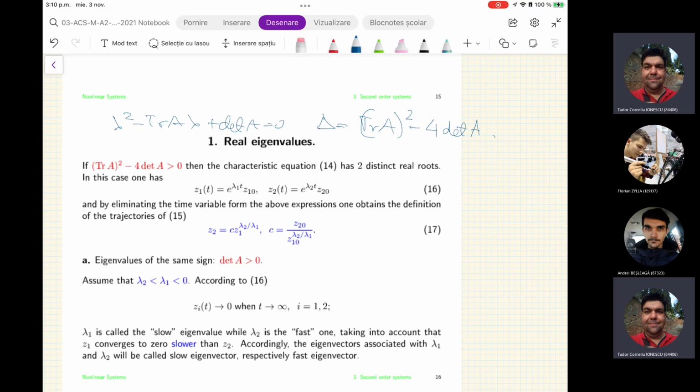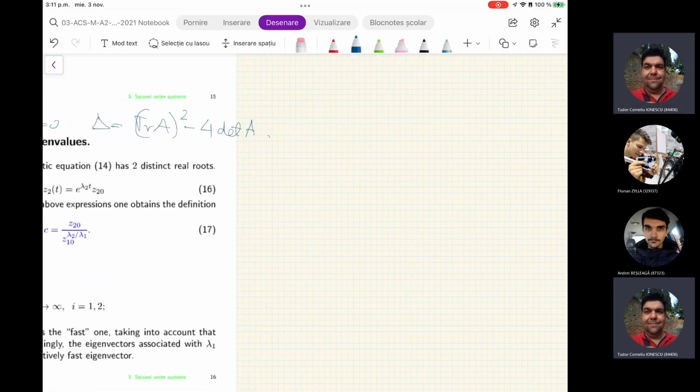Now if delta is positive, then we know that the second order algebraic equation has two distinct real roots, okay? So in this case we have two distinct real roots, lambda 1 different from lambda 2, real.